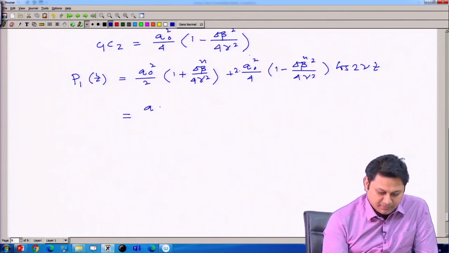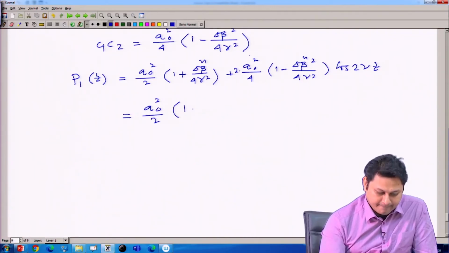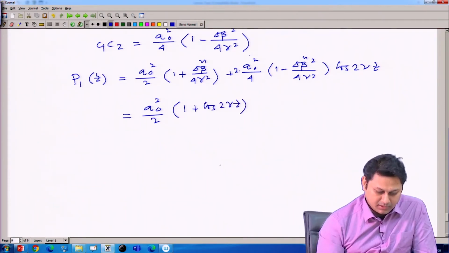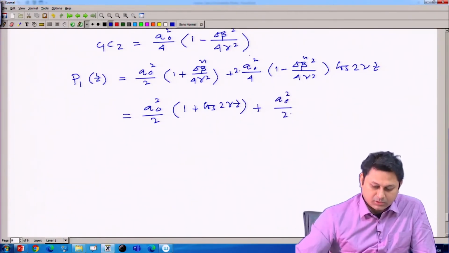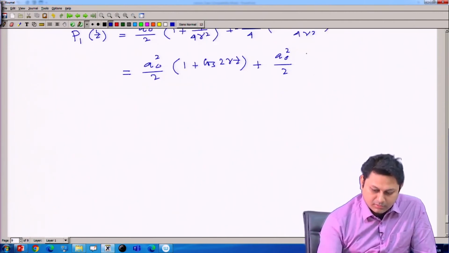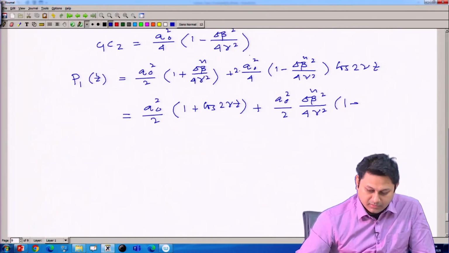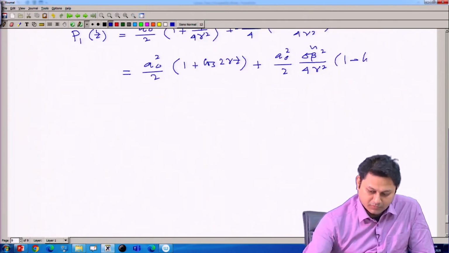So, this thing I can simplify as A square divided by 2, common 1, say plus cos of 2 gamma z, plus another term is A square divided by 2, then delta beta tilde square divided by 4 gamma square times 1 minus, because if I write it, 1 minus cos of 2 gamma z.